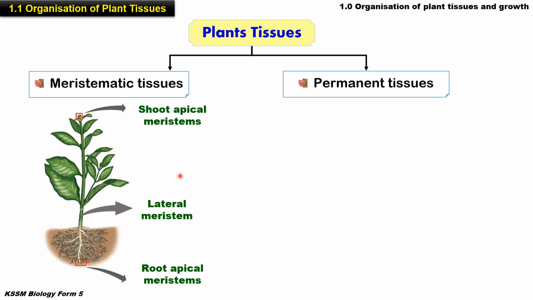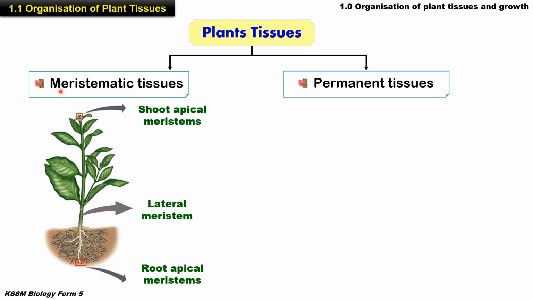Awak kena ingat macam ni: M for meristematic tissue. At this tissue there is very active mitosis because the plant will grow. Pokok tu akan grow upwards, downwards, left and right. The diameter also grows.